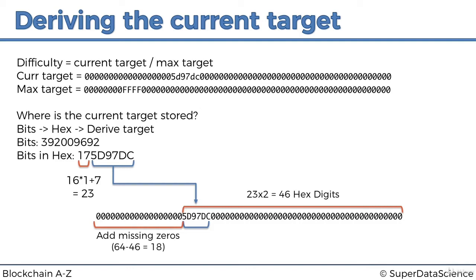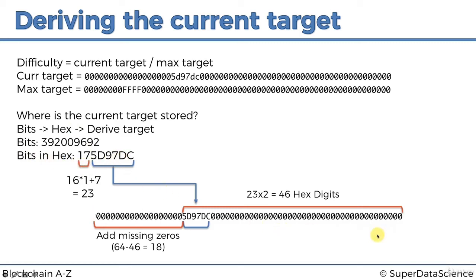And yeah, hopefully this makes sense, and don't worry if this is too much to handle, these bits and bytes and so on. Just remember that the target is actually stored inside every single block, but it's stored as this value, this field called bits, and it's stored like that because it's a code. It saves space.